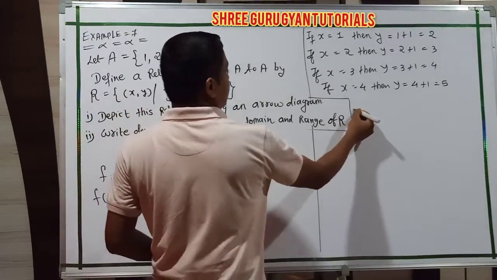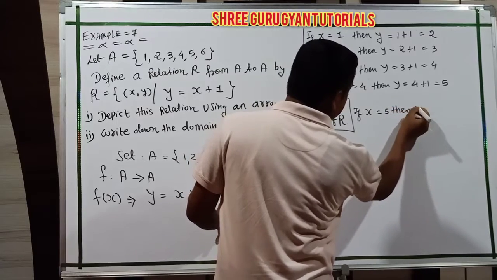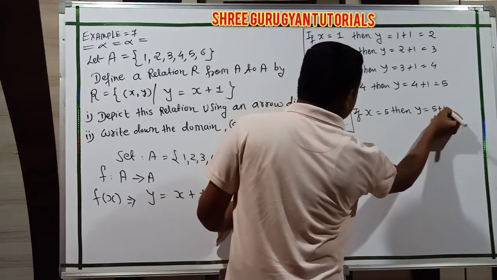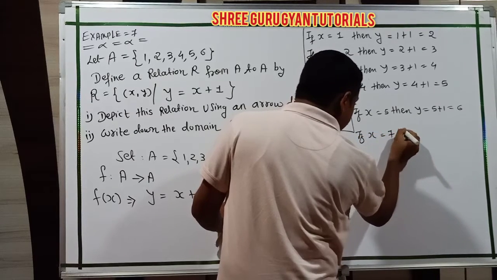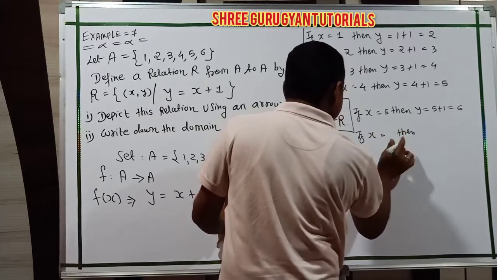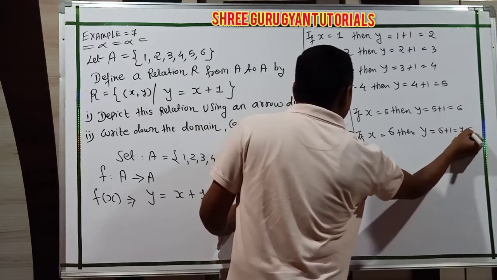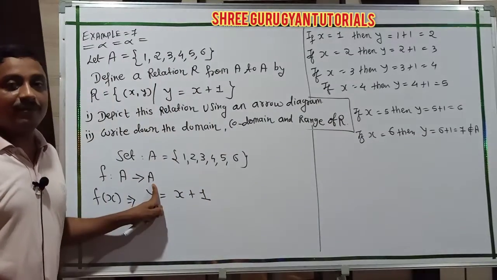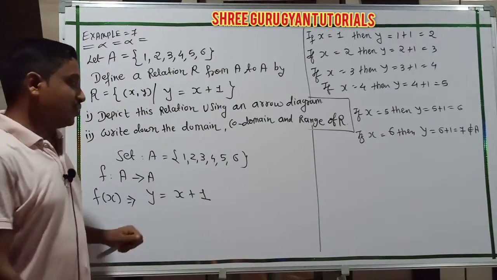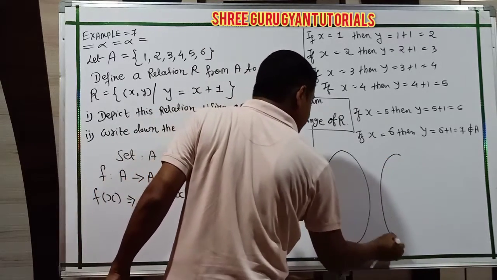Next, if x is equal to 5, y is equal to 5 plus 1. And last, if x is equal to 6, then y is equal to 6 plus 1, which is 7, but this 7 does not belong to your set A. So finally, students, your arrow diagram is ready.